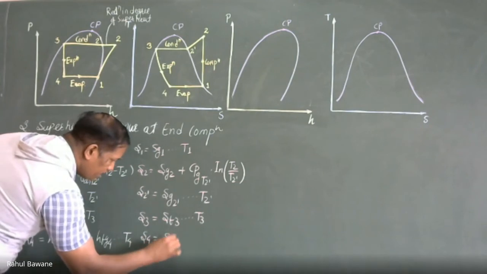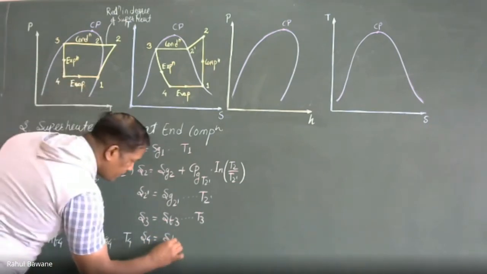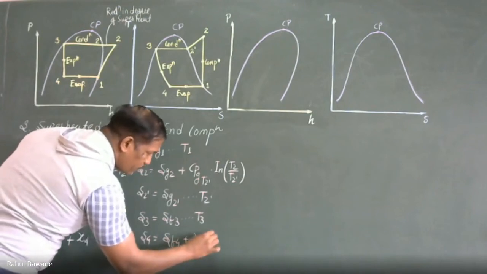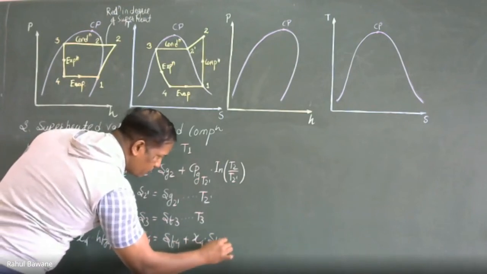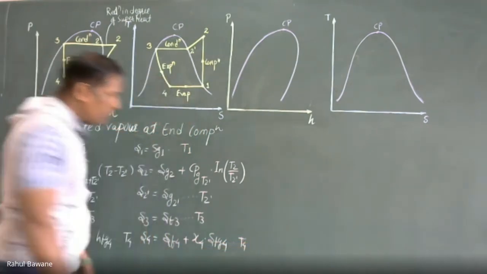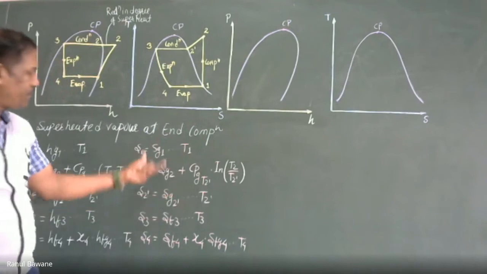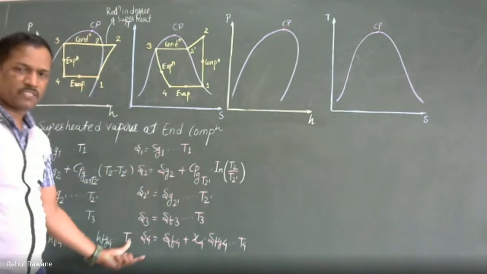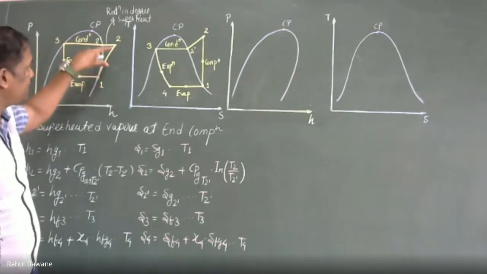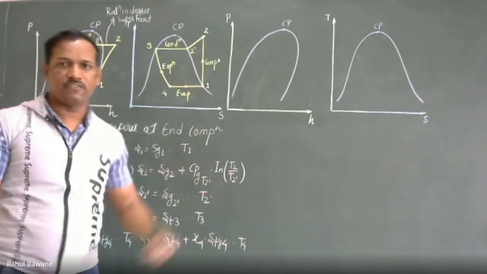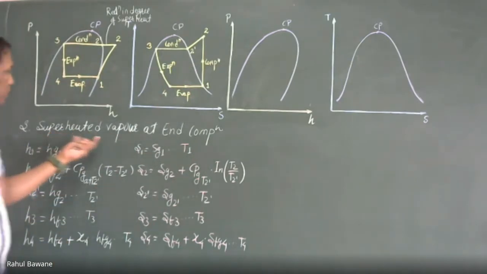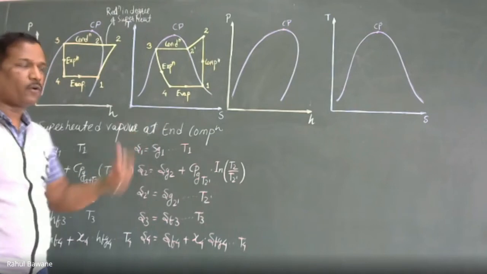So similarly, S4 will be SF4 plus dryness fraction at 0.4 multiplied by SFG4, and it will be calculated at temperature T4. So corresponding temperature, we will find all the values, put in the respective formula, and we are able to calculate the enthalpy of each and every point and entropy of each and every point. So this is when we obtain a superheated condition at the end of compression.